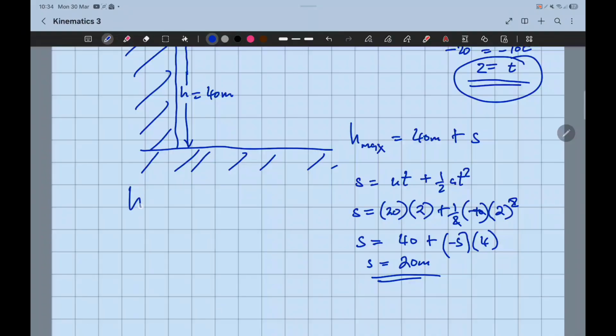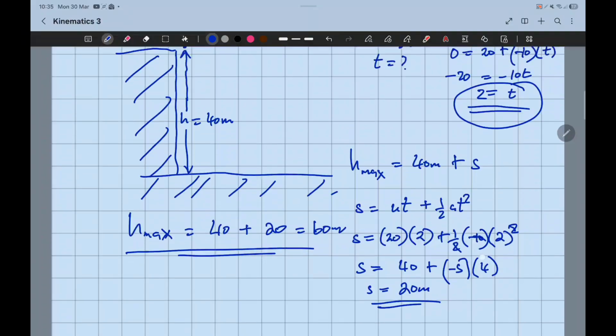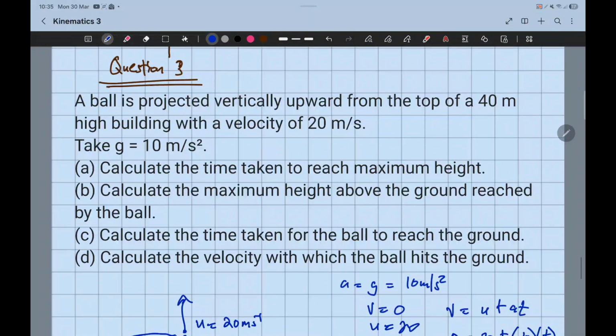So height max now becomes 40 yatagara tinayo plus 20 into 60 meters. Naika. Then calculate the maximum height. All right, we have done this.